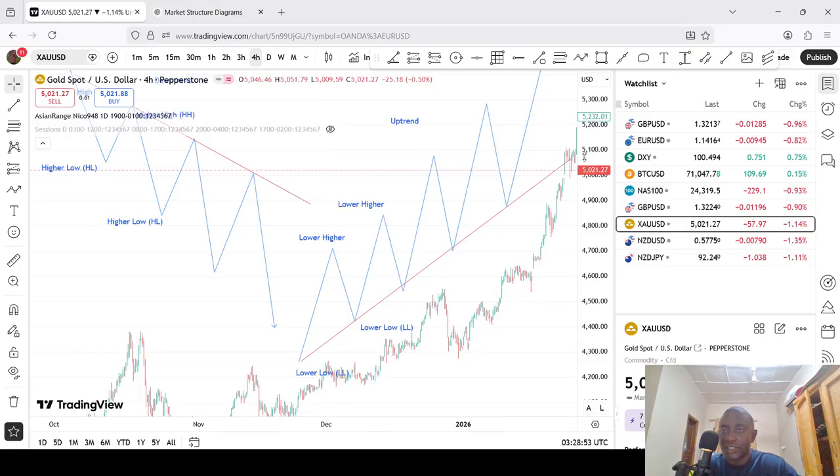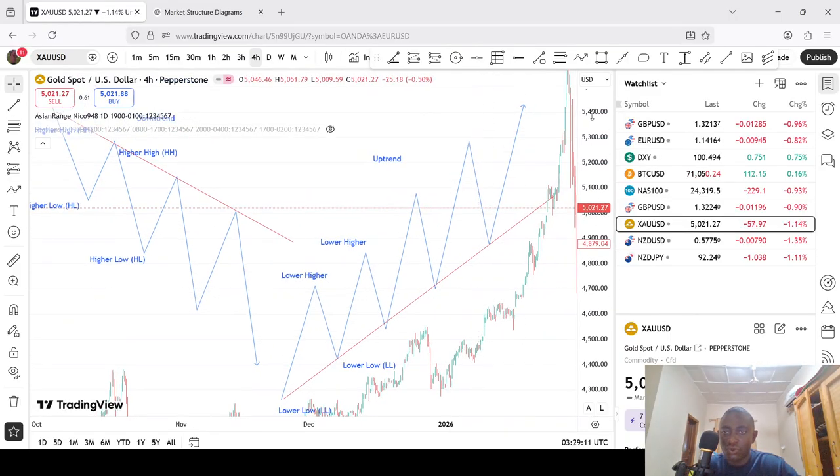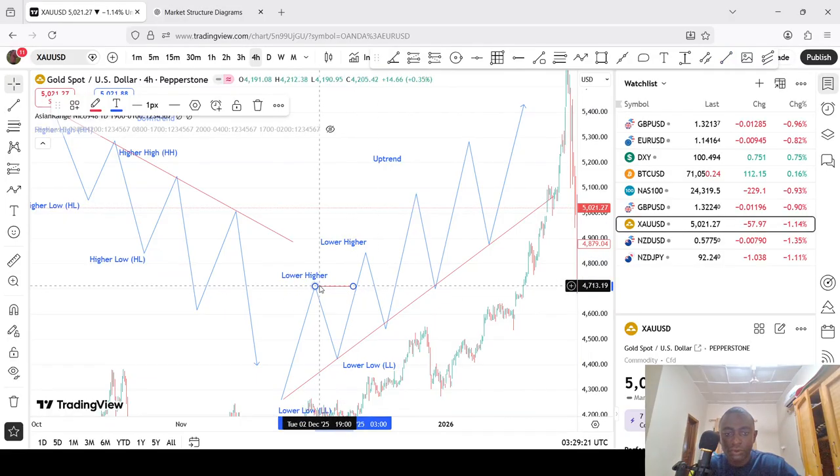So the issue is you always mark the levels there. If price is going up, you mark the higher levels, and also you have to mark the lower point. Okay, so these areas, you just mark it like this. So this is the first level.